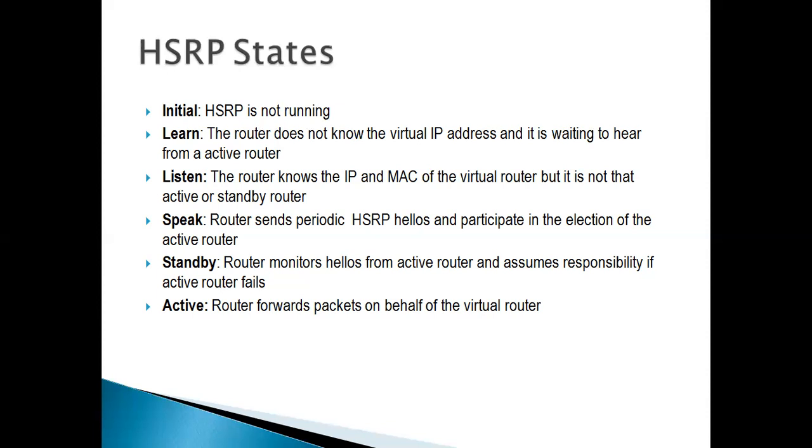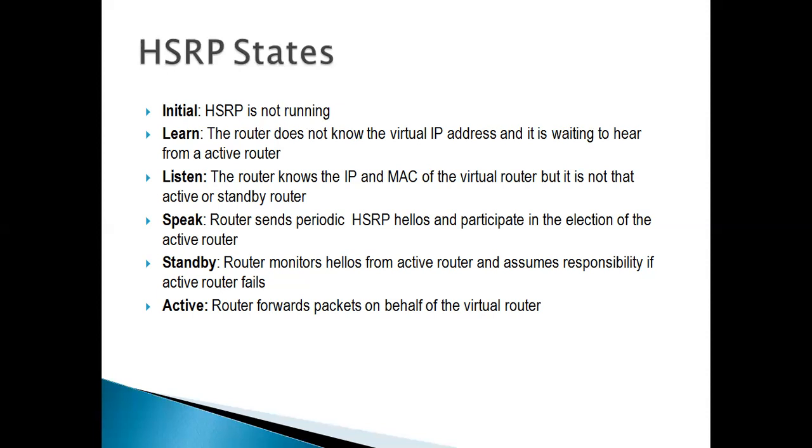If the active router fails, then it takes the responsibility to process the traffic coming from the host machines or directly connected subnet on the router. It provides high availability to the end users or end machines connected to the router.